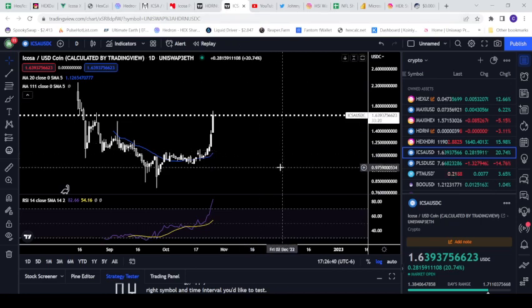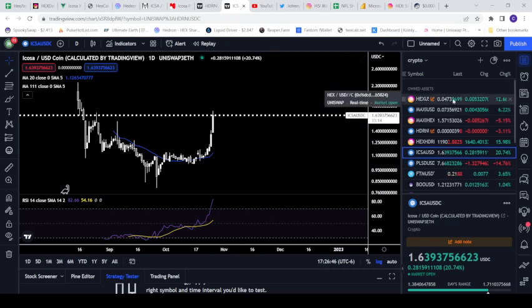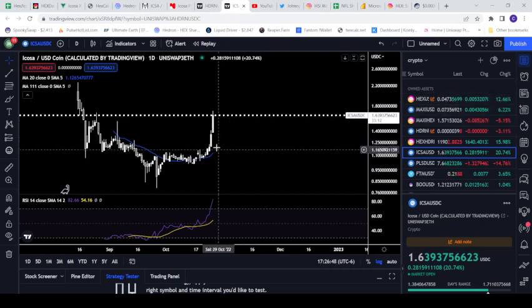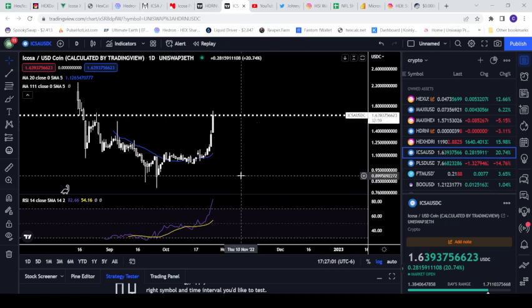Icosa is a little bit over the ceiling price, trading at a slight premium. So we'll see how much higher it goes. I don't think it's going to go too much higher without doing a slight pullback.